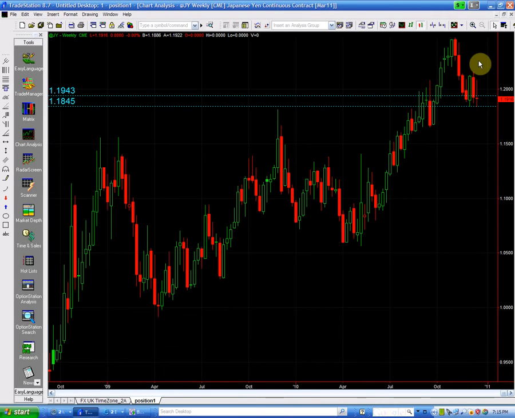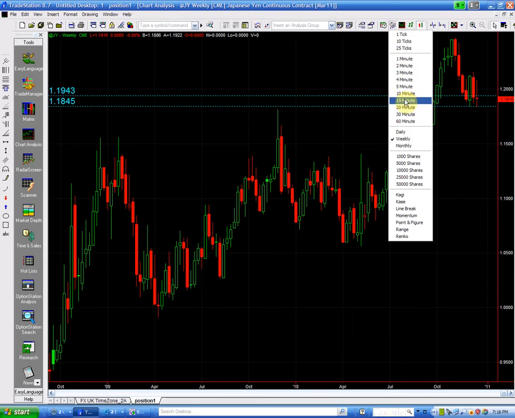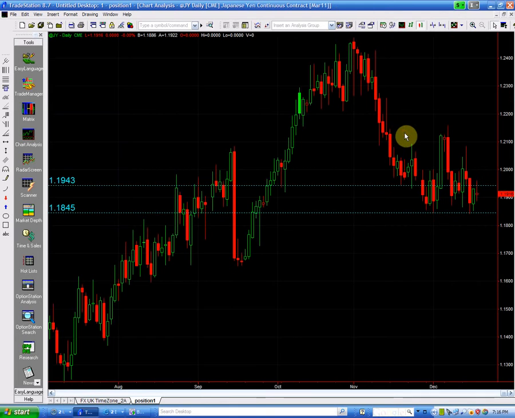It just bounces up only to turn around and fail and to come back down. And we did test the 118.45. We bounced back above it. It's nothing to write home about.